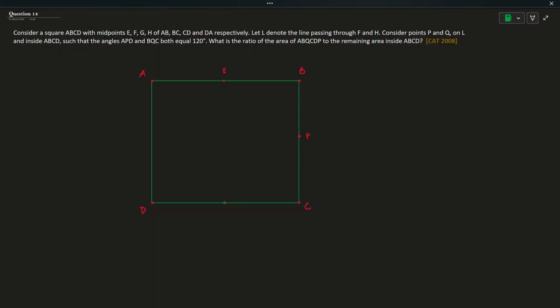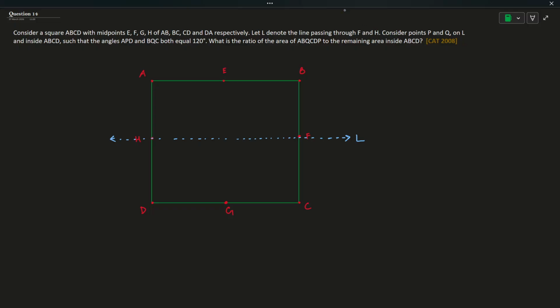E, F, G, and then H. Then there is a line L which is passing through F and H. Okay, this is L.